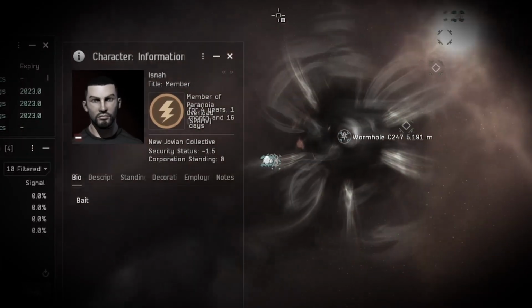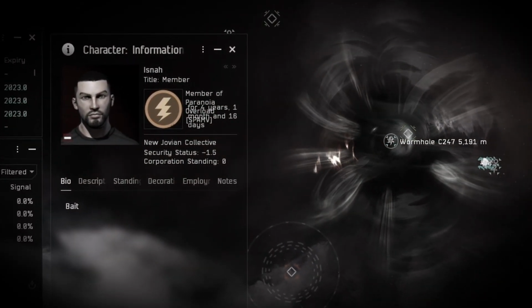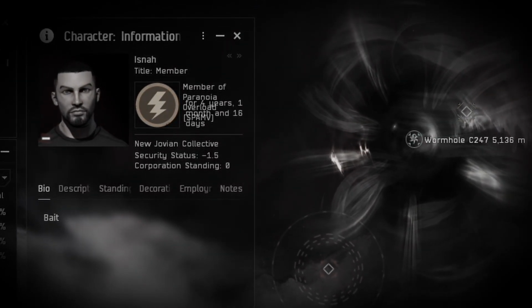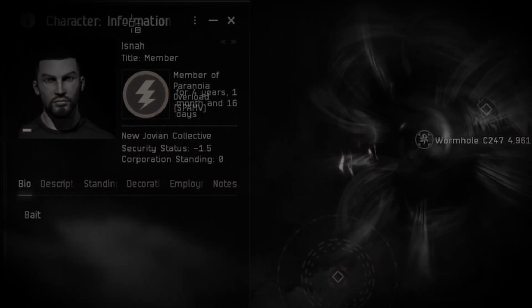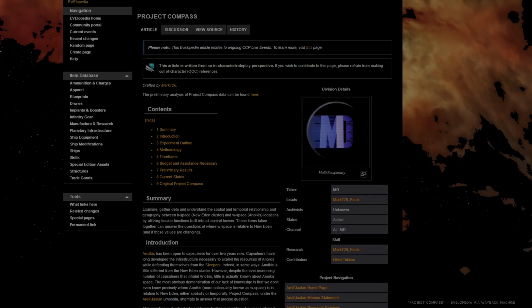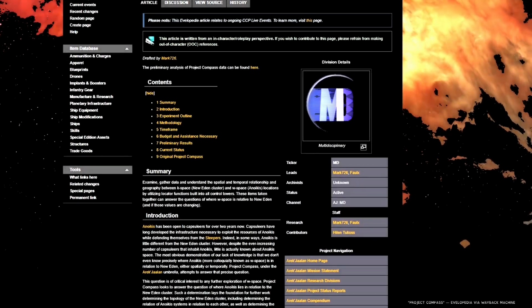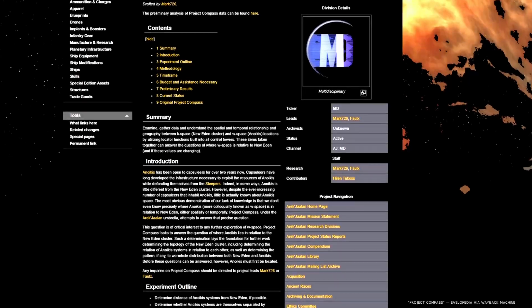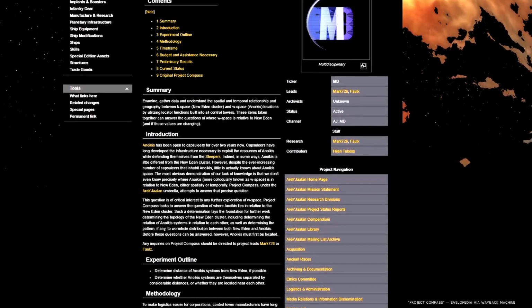Indeed, after wormhole space was imagined and implemented and reappropriated, some clever Eve scientists or role players realized something incredible. If you anchor two starbase control towers, the corporation information panel displays exactly how far away they are from each other.